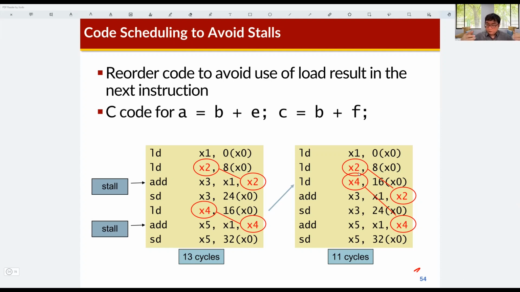By adjusting the order of instructions and inserting an unrelated instruction between the dependent instruction pair, we can improve the performance of the code. Compared to the original code, this code consumes fewer cycles, which means the performance can be improved.